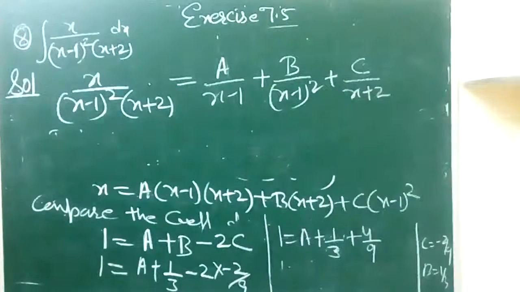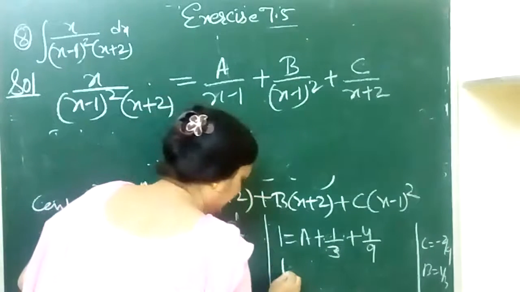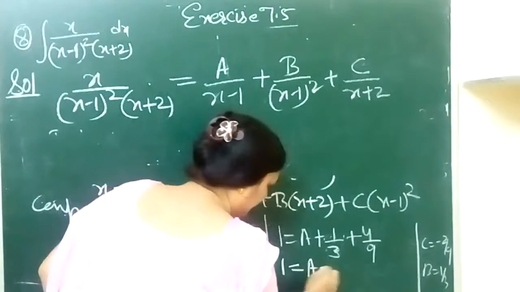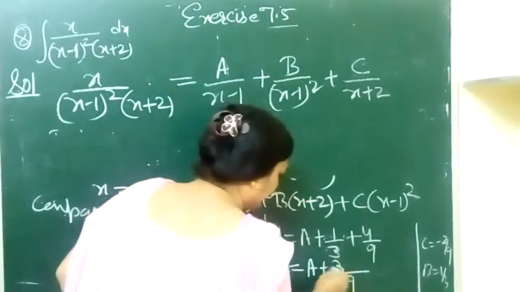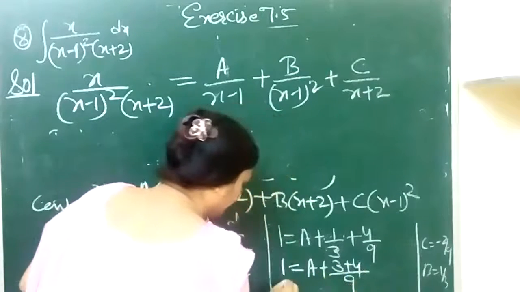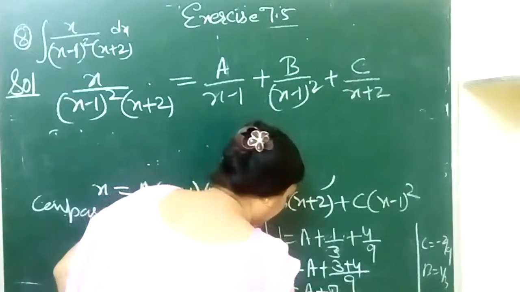So now 1 is equal to a plus 1 by 3 plus 4 upon 9. So 1 is equal to a plus, take LCM 9, so it will come 3 plus 4. So 1 is equal to a plus 7 upon 9.